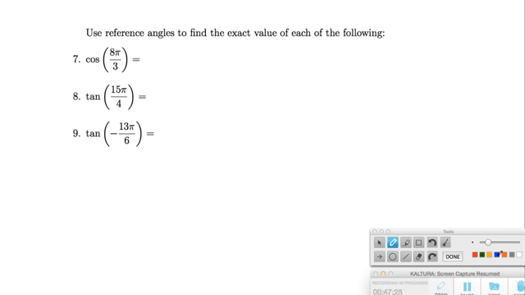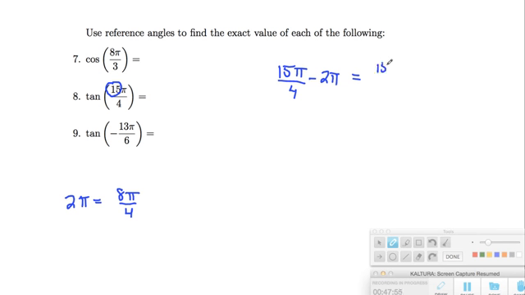Now let's think about 15 pi over 4. Now with a denominator of 4, a complete rotation is 8 pi over 4, right? Since 15 is larger than 8, it looks like we did an extra rotation here. So what we can do is try to get rid of that extra rotation.